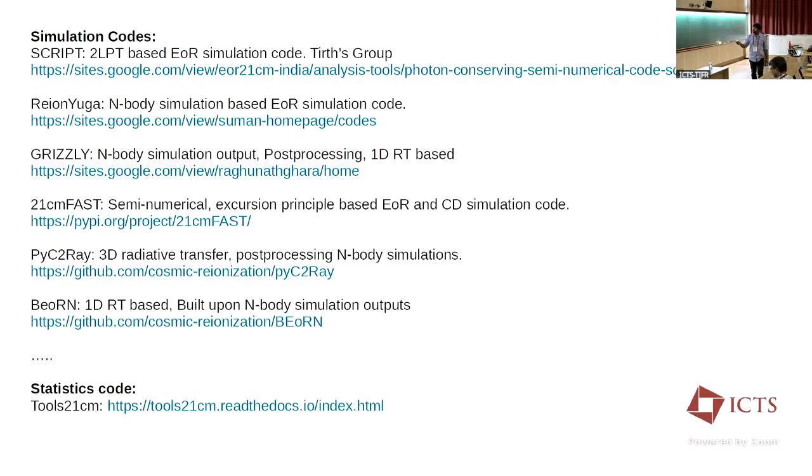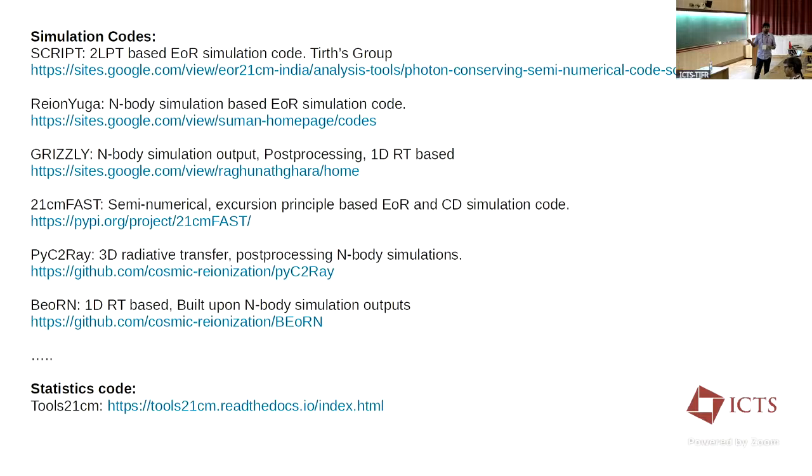Although the entire Grizzly is based on N-body simulation, we are using N-body simulation outputs, density and halo list, which I have provided. This is a post-process method based on 1D ray transfer. This code also simulates the cosmic dawn signal and spin temperature fluctuation, which I haven't touched at all in this particular demonstration.